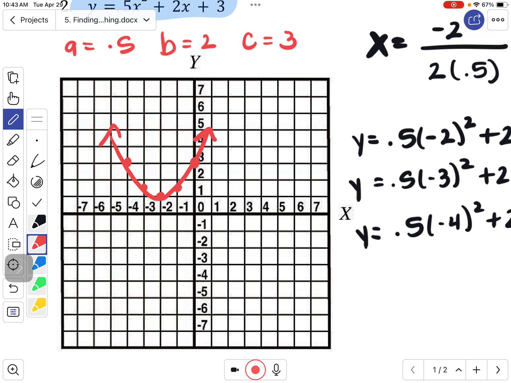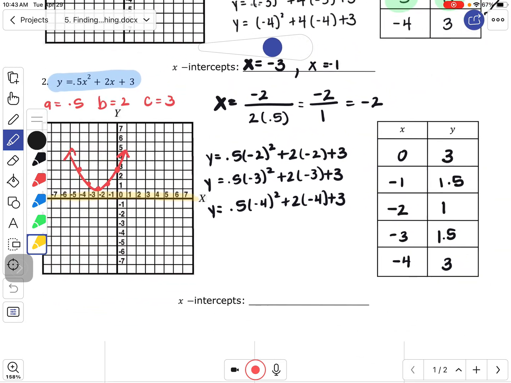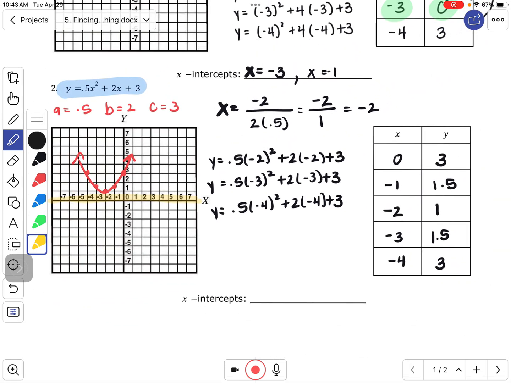Okay, so now remember that it's when your x values, or y equals 0, cross this line. When you're looking at that, is there anything that's touching that line? Well, in the picture, it doesn't look so. So let's go back to our table. Remember, our x-intercept is where our y is at a 0. So when I look at any of these, do any of those have a 0 on them? They don't.